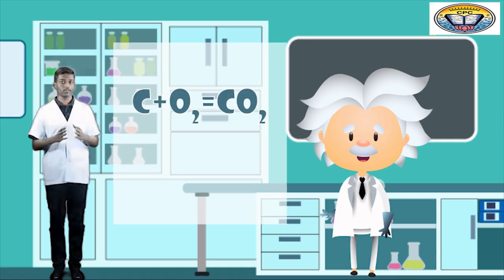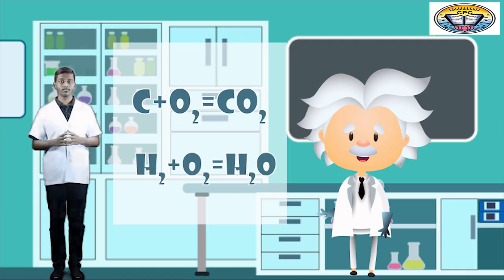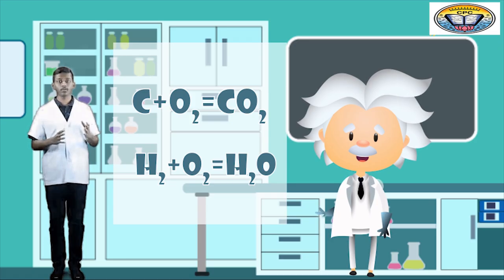Carbon plus oxygen giving rise to carbon dioxide. Formation of water. Hydrogen plus oxygen giving rise to water. In all these reactions, two or more reactants combine to form a single product. These types of reactions are called combination reactions.